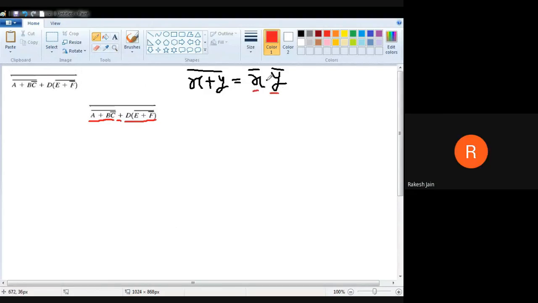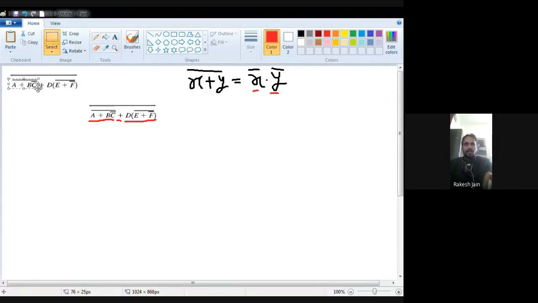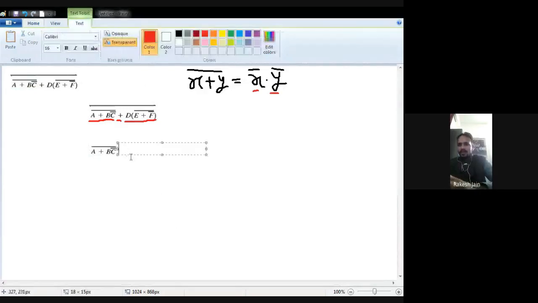According to Boolean algebra, they will be separated first of all, with a dot product and having a bar. So first term is x, that is (A plus BC bar) whole bar. Then dot, I just make a dot there.